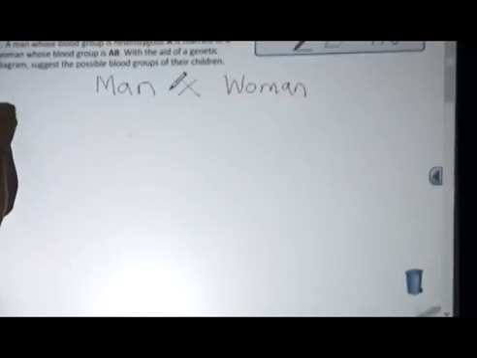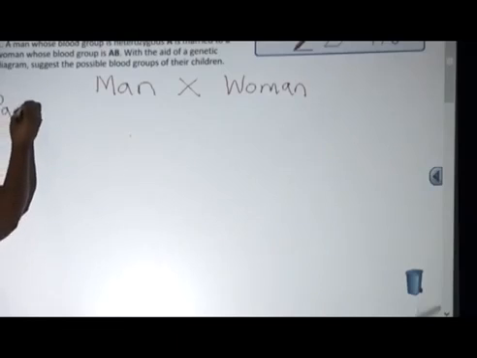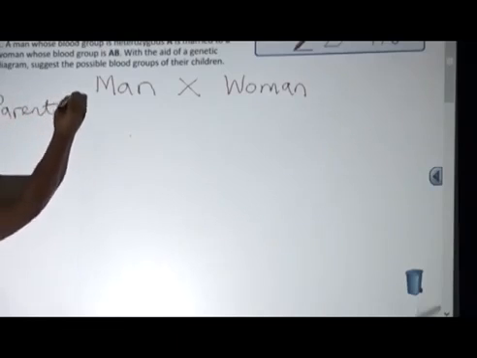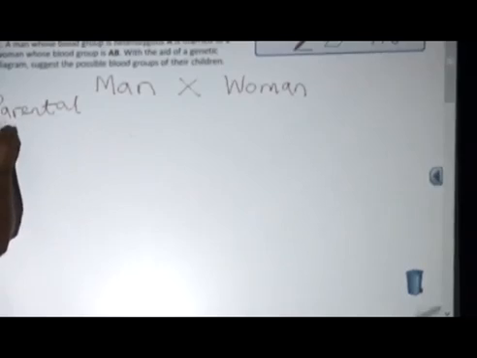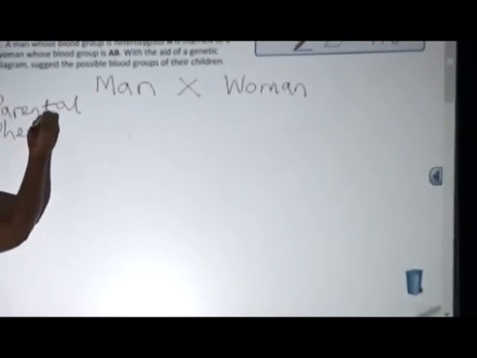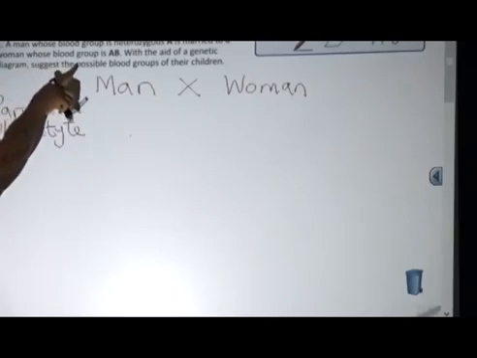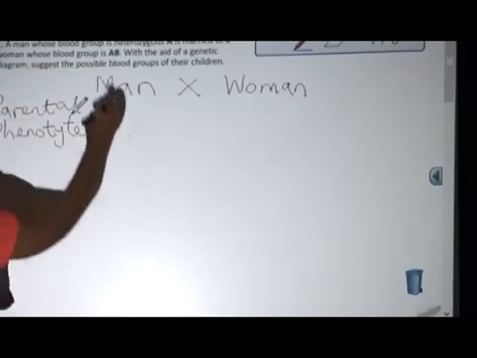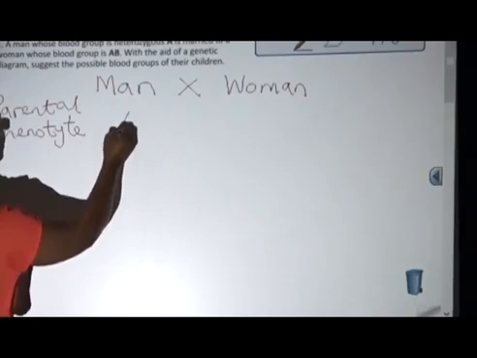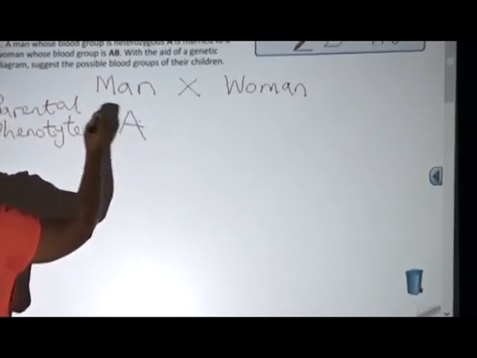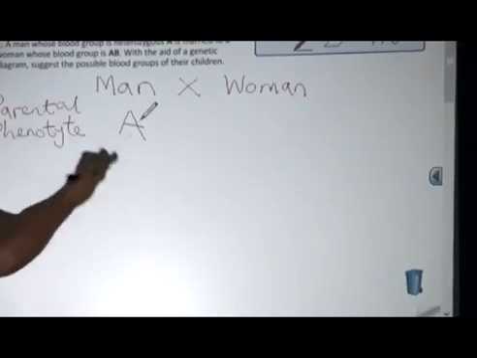Then, the next step, the parental phenotype. The man is said to have blood group A. That is the phenotype. And the woman, blood group AB.